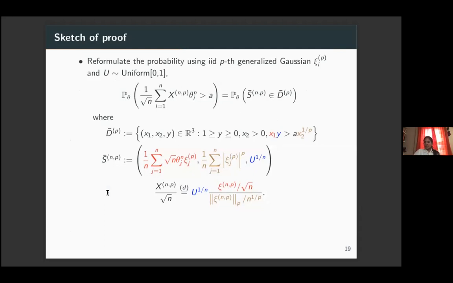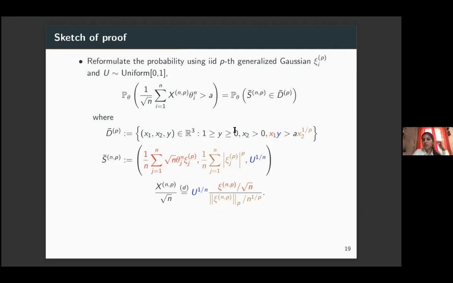Okay, just a sketch of the proof. As I mentioned, you can use this p-th generalized Gaussian random variable, which when normalized gives you the distribution on the L_p sphere. Writing it in terms of that, you can write this S bar_NP as a sum belonging to some domain, where this domain, if you rewrite it, is just some three-dimensional domain.